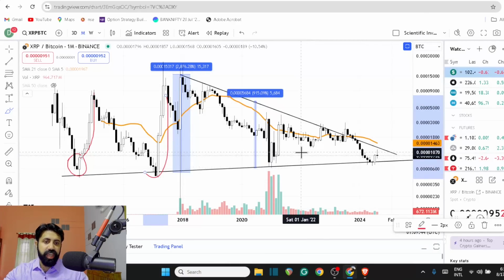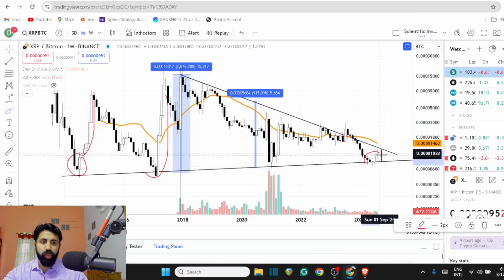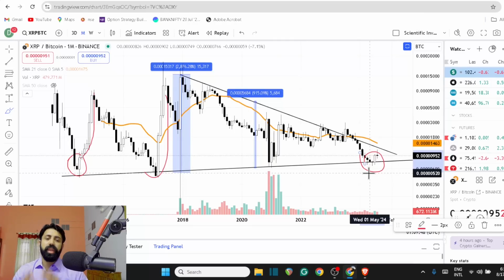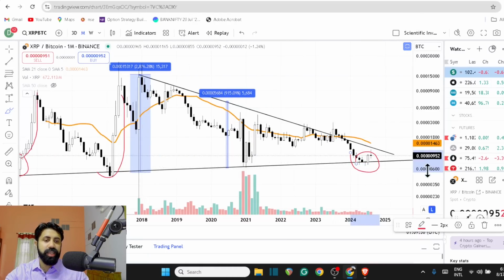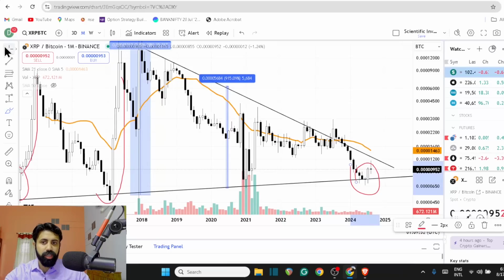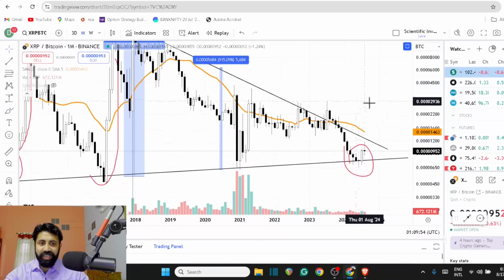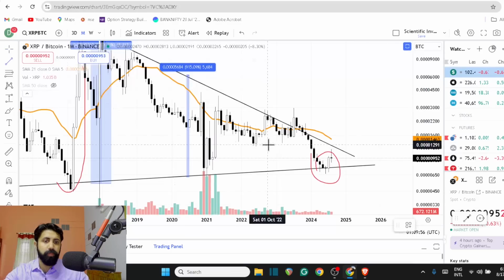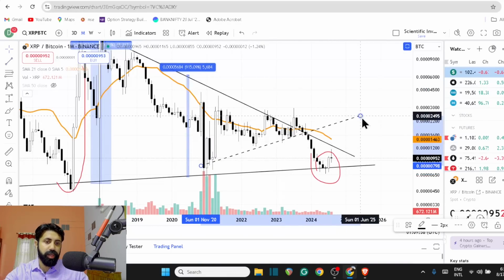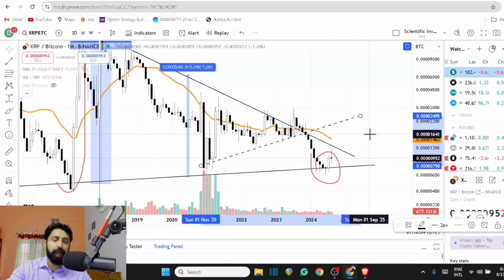So we have seen, historically speaking, we get something. What are you observing on a monthly XRP to Bitcoin chart? It gives you a clear idea. At least it's going to come up to test this trend. Fine, that will still be positive for the XRP price in USD terms.